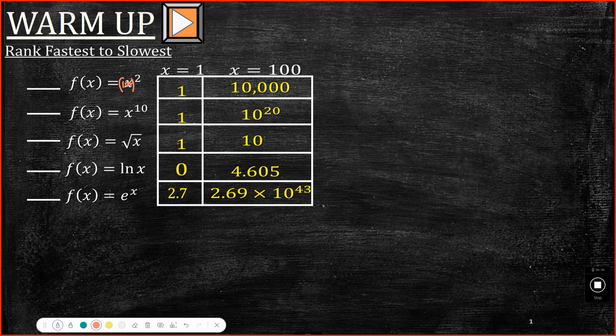Which one is the fastest? Exponential, isn't it? The very last one is the fastest. Exponential is the fastest function. After an exponential, the next fastest growing is x to the 10th, a polynomial function.